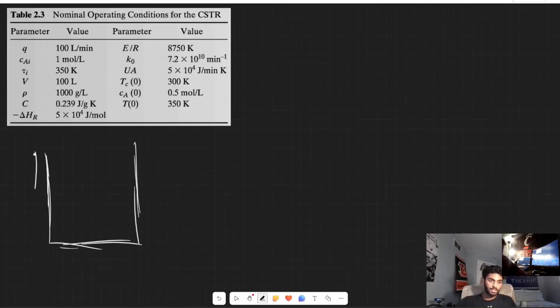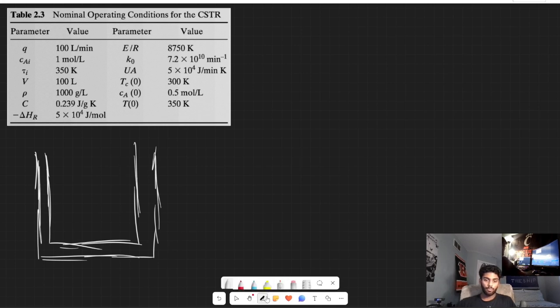A jacketed CSTR. So this means that we have some layer in between the tank surface on the inside, which is in contact with our process. So, we have some process. This is our agitator. It's continuously stirred.